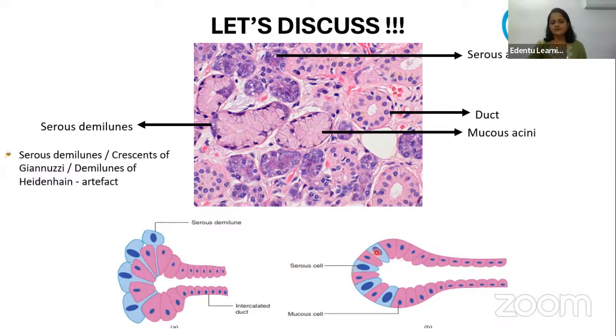So this is actually how a mixed salivary gland histopathology will look, an intermixing of both the serous and the mucous cells. I hope I'm clear about the serous demilunes.